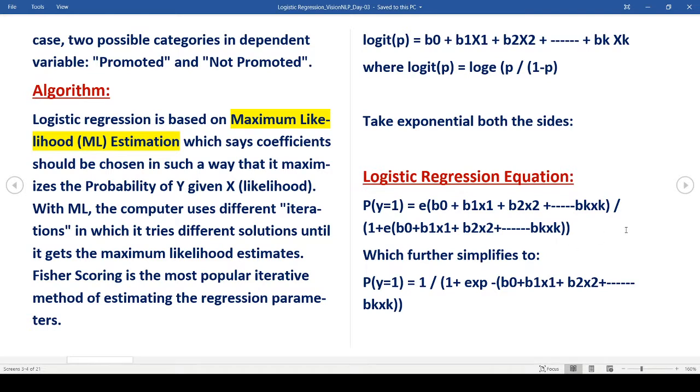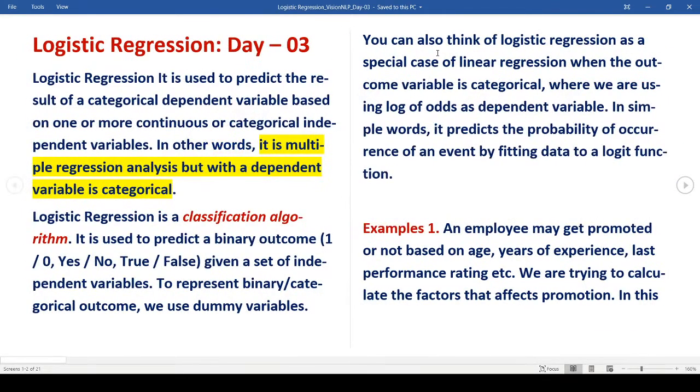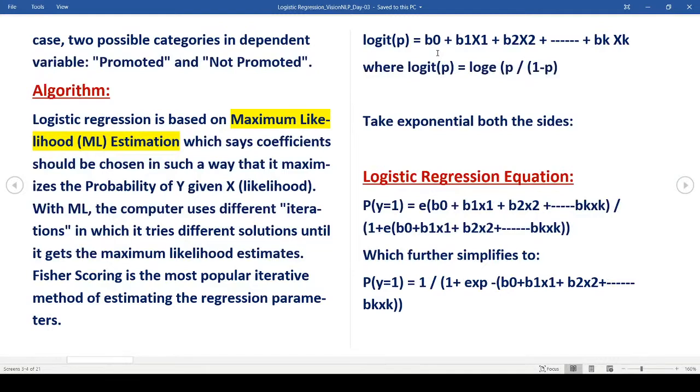So you can see here, this is the typical equation, logit p. When we talk about logistic regression, we deal with multiple regression variables. It is not like a single variable where you can find y equal to ax, but we are talking about multiple regression. That is why b0 plus b1 x1 plus b2 x2 and so on.